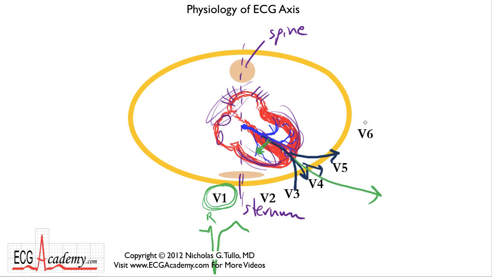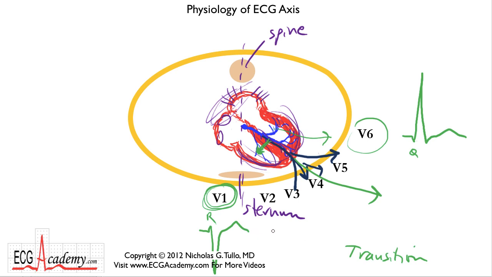On the other hand, in V6, since the septal activation is traveling away from V6, what you usually have is a small Q wave, which is known as the septal Q, but then most of the signal is traveling towards V6, so most of the QRS complex is positive in V6. Somewhere between V3 and V4 is known as the transition point. The transition point is when the R wave grows larger than the S wave, and generally there's a gradual transition across here with V2 having a slightly bigger R wave.